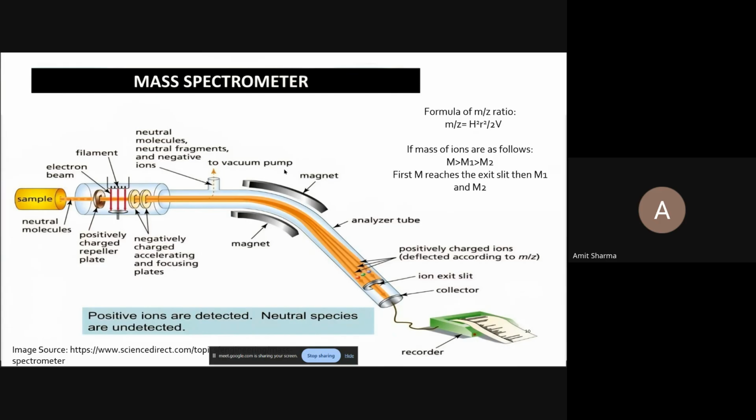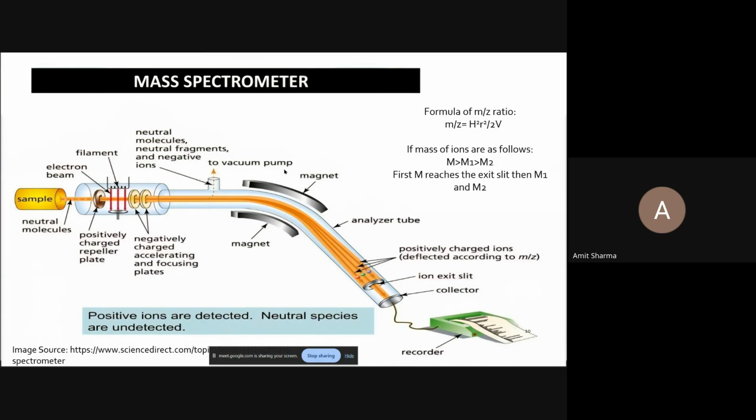What it does is the M plus ion with free radical is again fragmented into two different ions, that is M1 plus ions and M2 plus ions. So there are three total ions that we observe in the mass spectrometer, that is M plus ion, M1 plus ion, and M2 plus ion, where M1 plus ion and M2 plus ion are fragment ions.